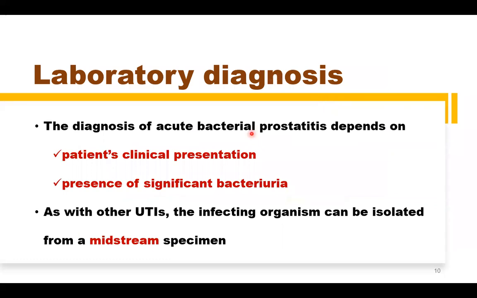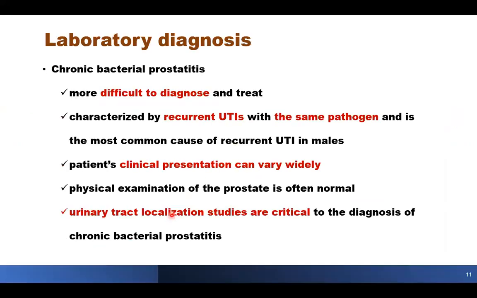So now this is my main discussion, laboratory diagnosis. The diagnosis of the acute condition depends on the patient's clinical presentation and the presence of significant bacteriuria. As with other UTIs, the infecting organism can be isolated from a midstream specimen.